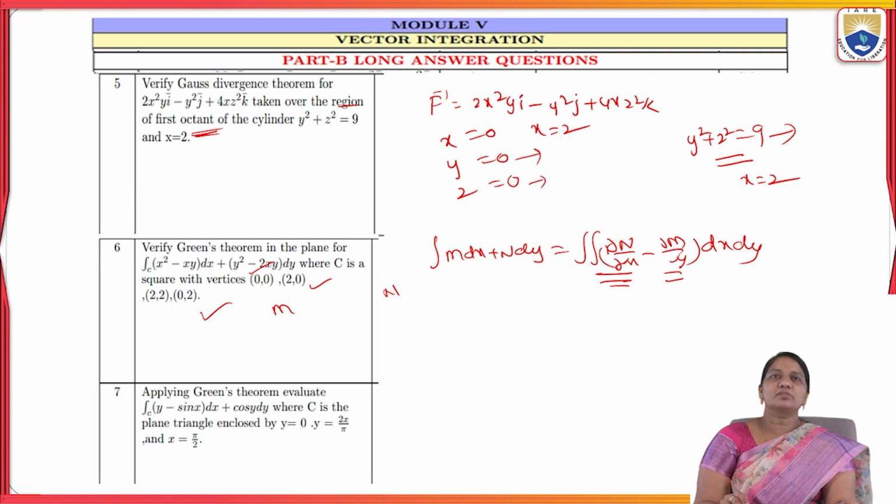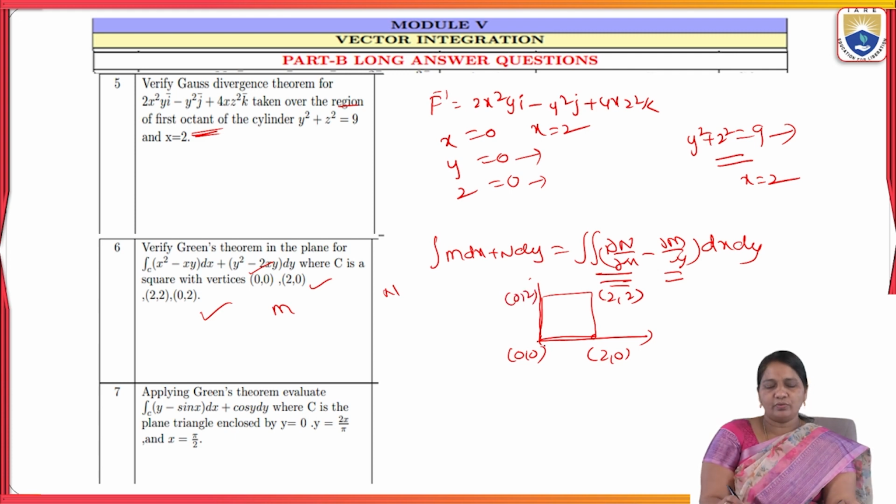They are giving the square with the vertices 0 comma 0, 2 comma 0, 2 comma 2 and 0 comma 2. So we have to calculate these values along C1, C2, C3 and C4, and we can calculate that value by using these limits.